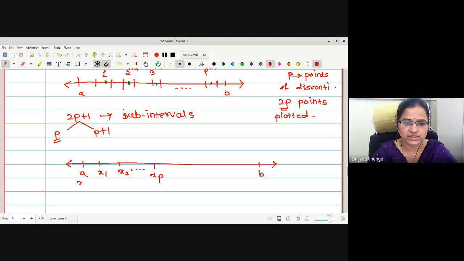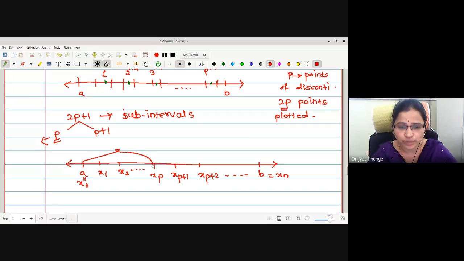This is first, second, and continue up to pth subinterval. Continue xp plus 1, xp plus 2, and last this is up to xn. Let us assume the p subintervals covering the points of discontinuity are adjusted in the first p subintervals.